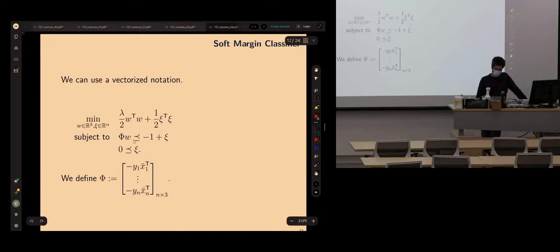So the first thing we can do is convert all the n constraints to a matrix-vector constraint. Define a matrix phi to be n by 3, and each row is negative. I'm converting this greater than or equal to into less than or equal to by multiplying a negative to both sides.